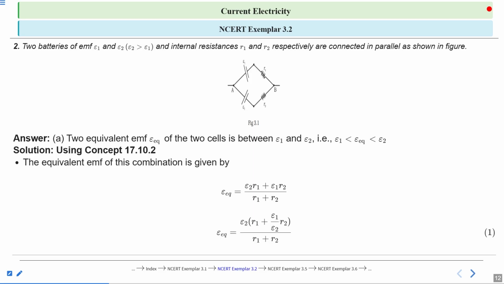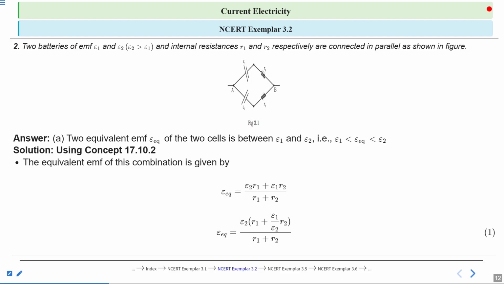If we take epsilon 2 as common from the numerator, what expression will remain in the bracket? R1 plus epsilon 1 upon epsilon 2 into R2. This is the expression left in the bracket.